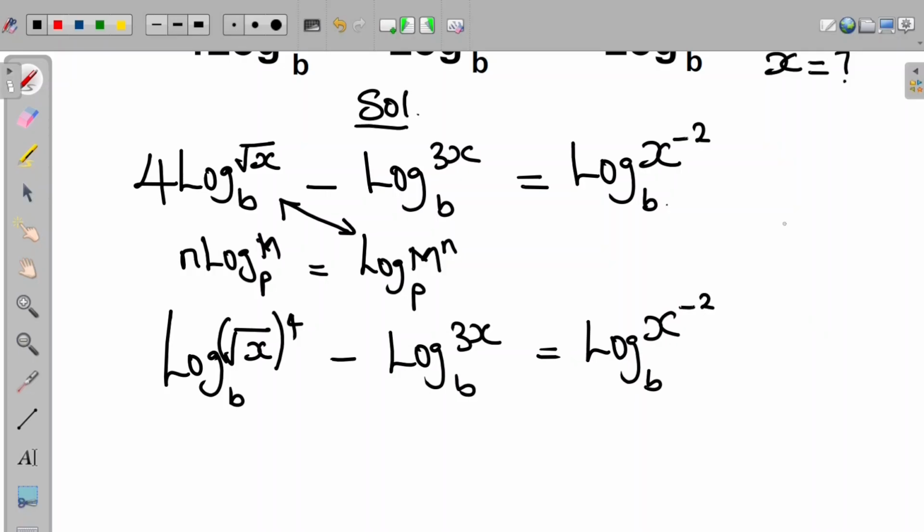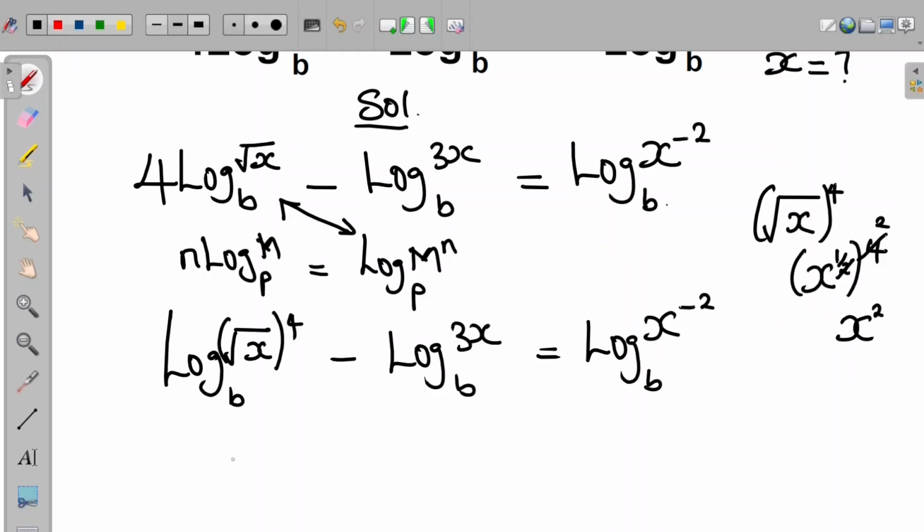Now also note that if I have root of x all raised to the power of 4, this can be expressed as x raised to the power of 1 divided by 2 all raised to the power of 4. So 2 cancels itself, we have 1. 4 divided by 2, we have 2. So therefore, x raised to the power of 2.